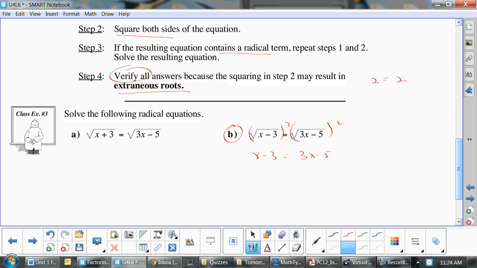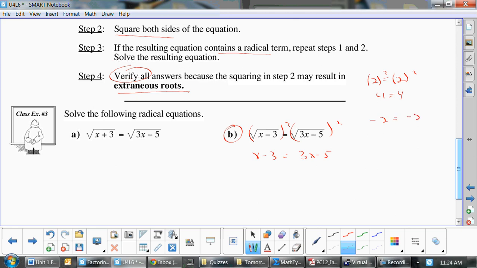If you had this statement, would you agree with it? Well, I'm going to square both sides because in algebra I'm allowed. I'll do it to one side, do it to the other. I'll square this side and then I'll square this side. It's all good.